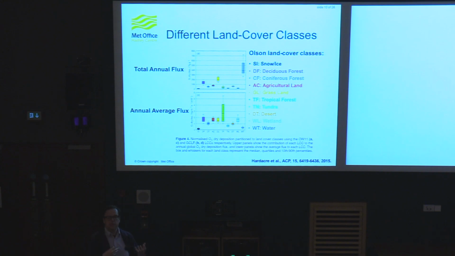So they take up CO2, they take up air, they take up water vapor, and by doing that, they also take up ozone and other pollutants, and very effectively remove these compounds over the location where they are. However, tropical rainforests don't make up that much of the Earth's surface anymore. So while they are dominating in the annual average flux, they are not dominating the total annual flux.